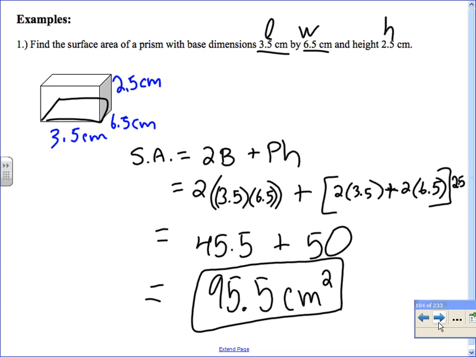And then the perimeter of the base, to find perimeter, you're always doing 2L plus 2W. It doesn't matter what you have as L and what you have as W. They can be interchangeable. Perimeter is the same thing as adding up all the sides: 3.5 plus 3.5 plus 6.5 plus 6.5. Same thing as taking 2 times 3.5 plus 2 times 6.5.